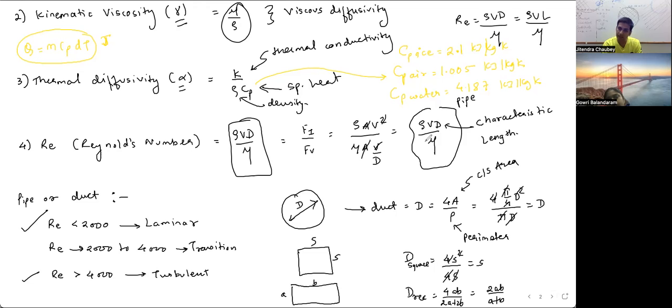And at that mean value, these properties are obtained from the standard table. Like if the temperature of the fluid is 20 and the temperature of the surface is 10, then 20 plus 10 divided by 2 is 15. At 15 degrees Celsius, you will calculate density and dynamic viscosity, and then you will calculate the Reynolds number and all the other required numbers.